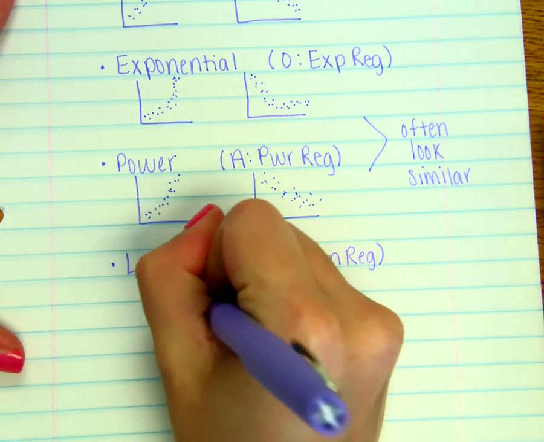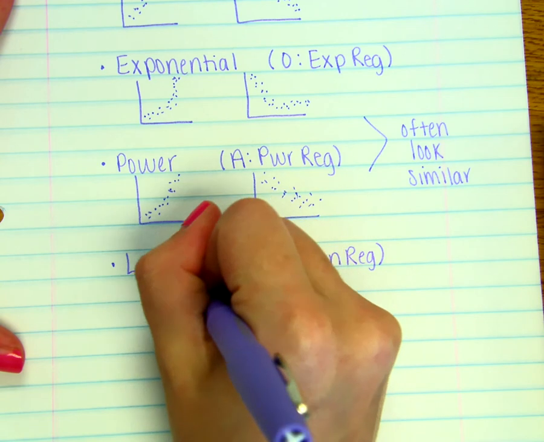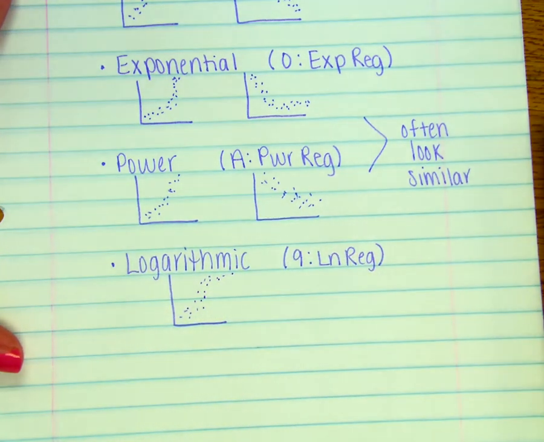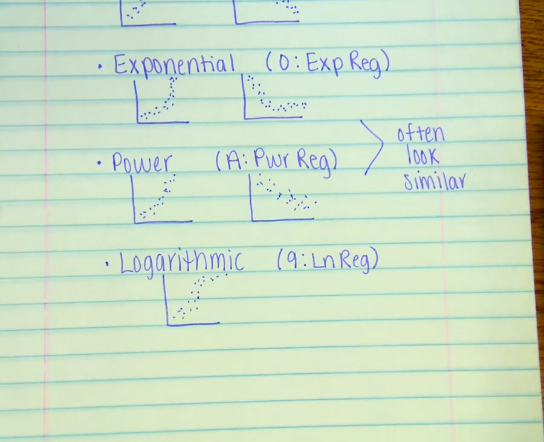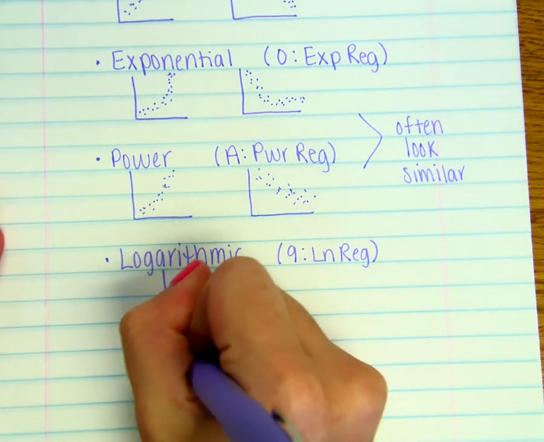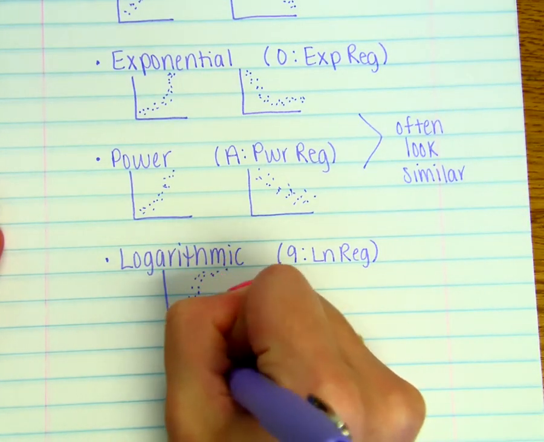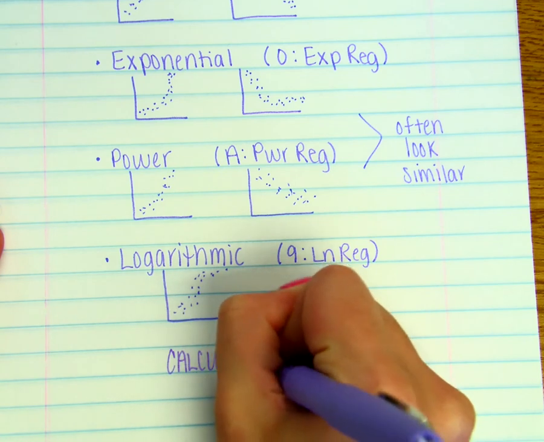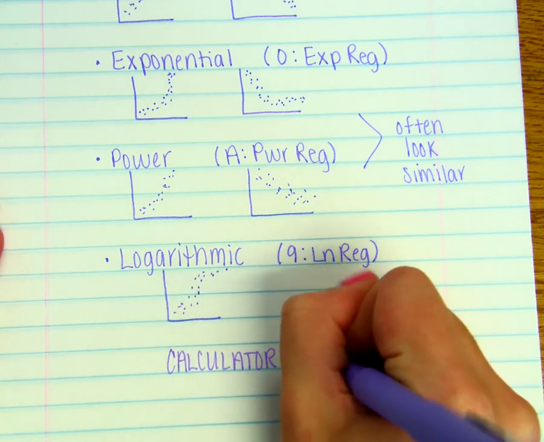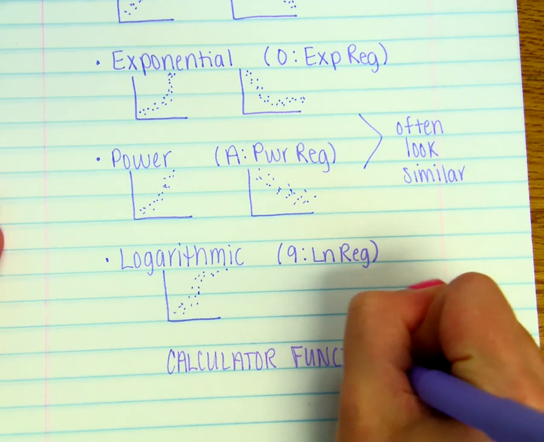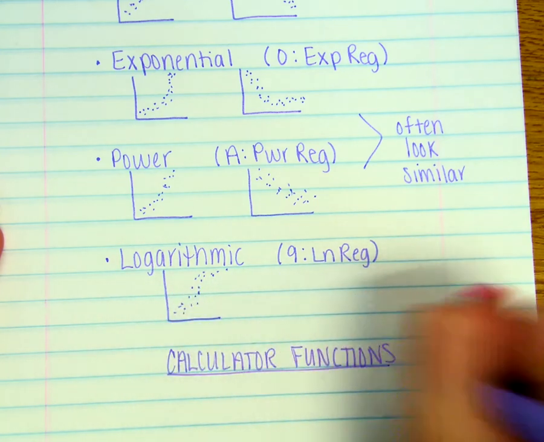That one kind of looks more like this, where it kind of comes up and then kind of goes over like that. So these are the 4 types of regression models that you could possibly see. Okay. What we want to do is just go over some calculator functions on how we're going to actually calculate these.